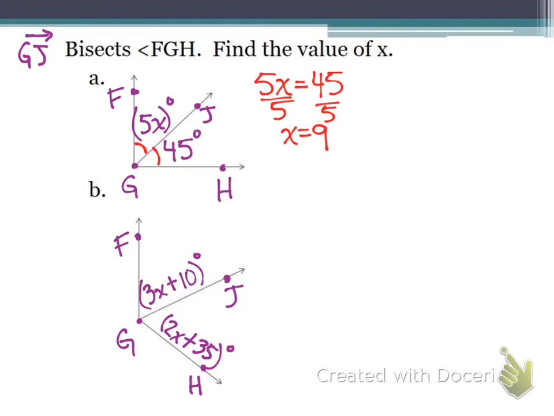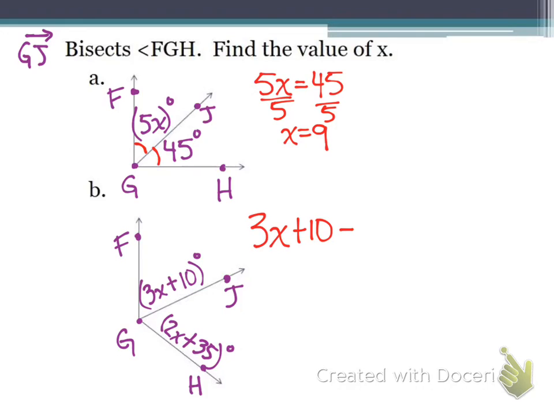Okay, on part B, it's the same idea. We still have a ray bisecting an angle, so we know that these two angles are congruent. To mark them, I'm going to have to draw through them a little bit. Those two are congruent, which means I can set them equal to each other.